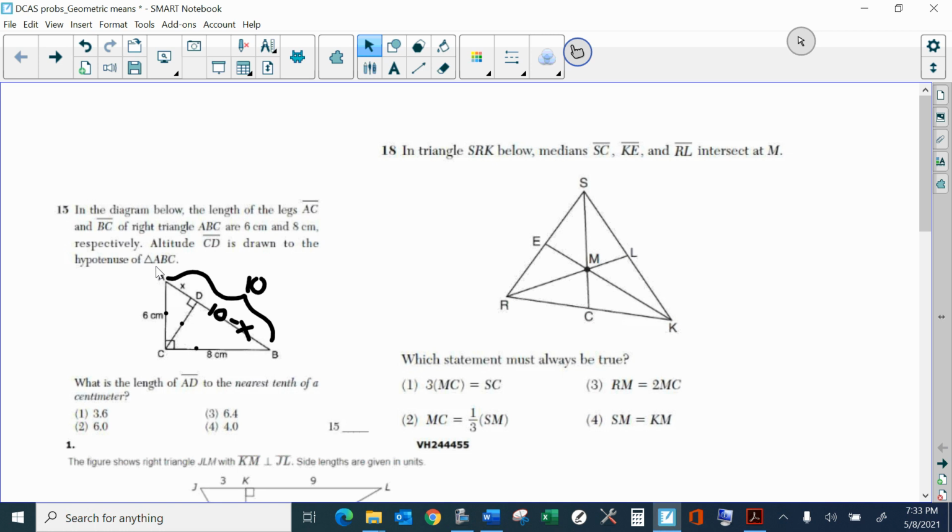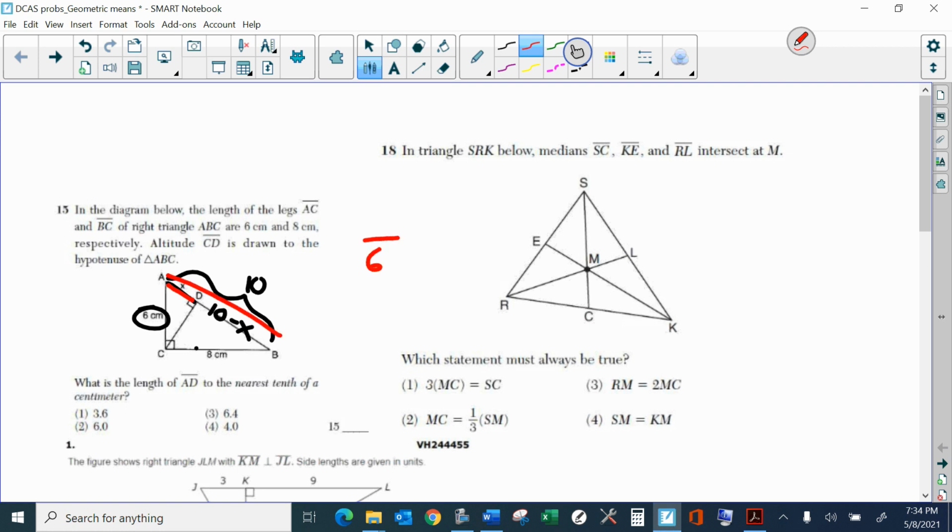So what's the length of AD? That means they want that piece right there. Well, if I use this one right here, call that y, then I have too many unknowns. But I can get AD from this mean, which is touching that extreme and the 10.